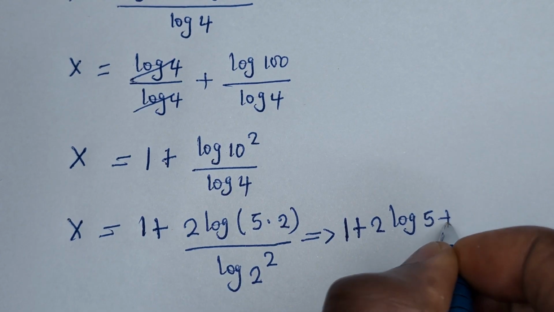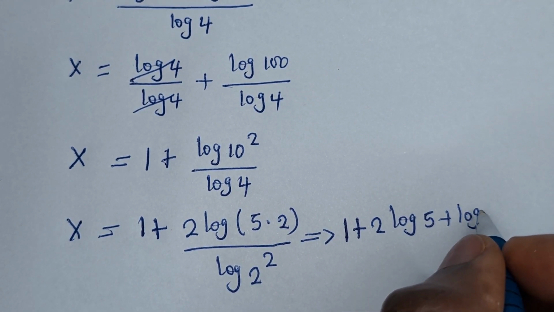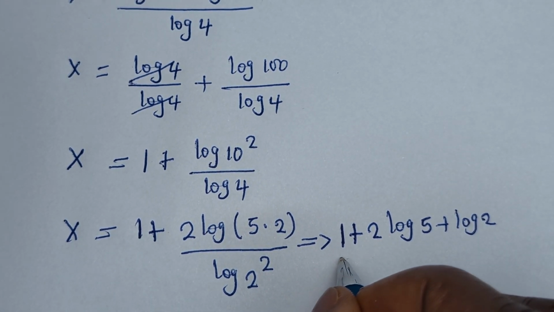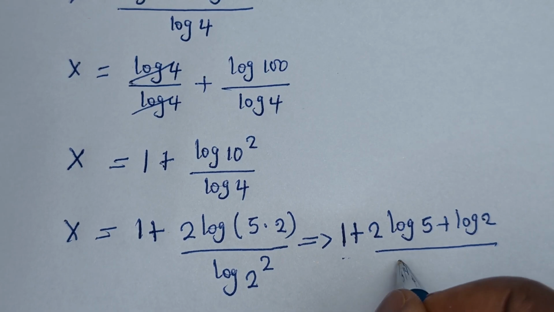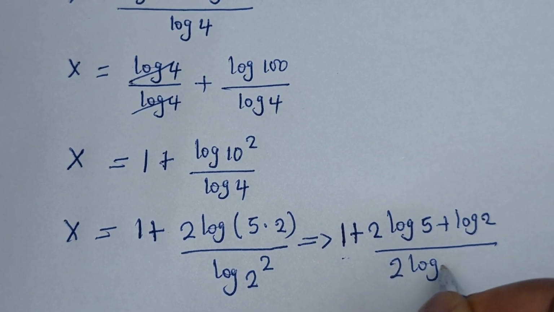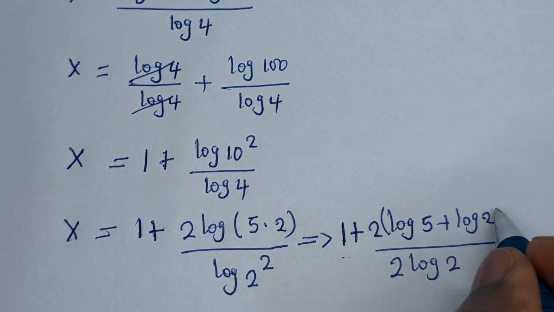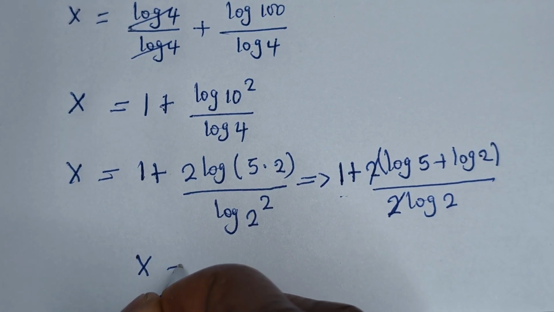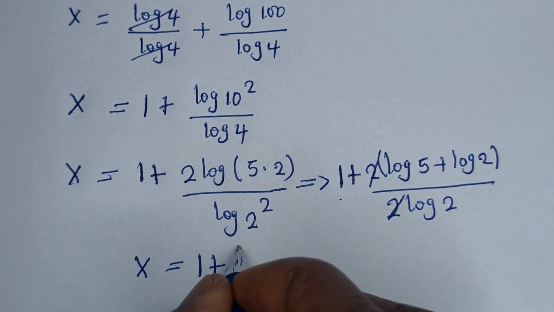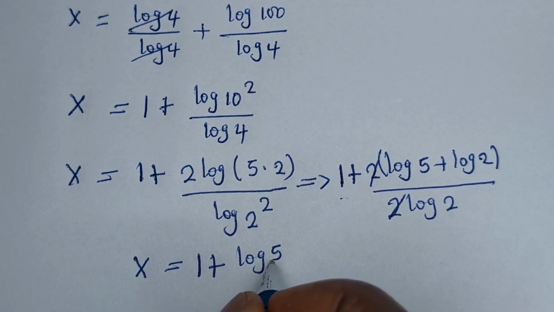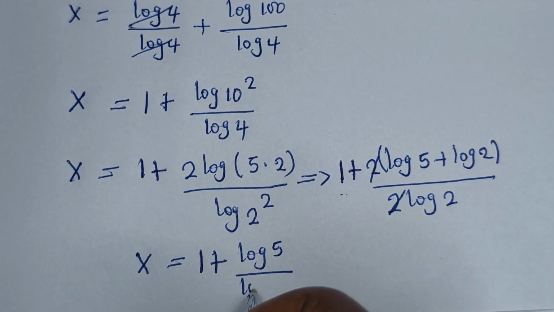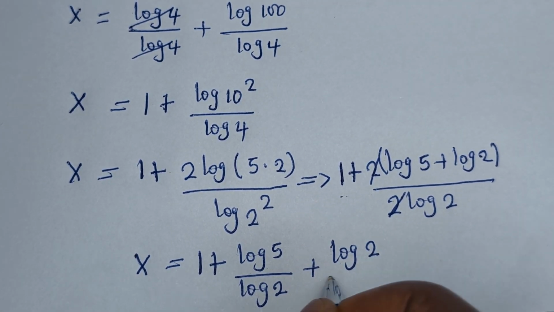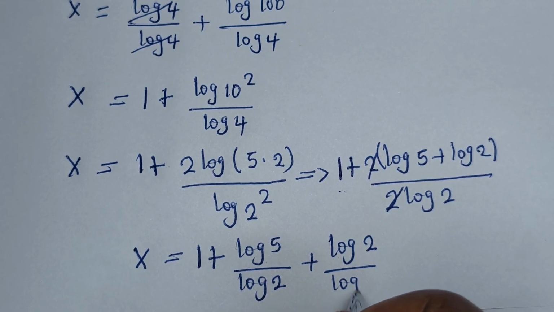And this is the same thing as 1 plus 2 times log 5 plus log 2, then over 2 log 2. These two cancel these two. x is equal to 1 plus log 5 over log 2 plus log 2 over log 2.